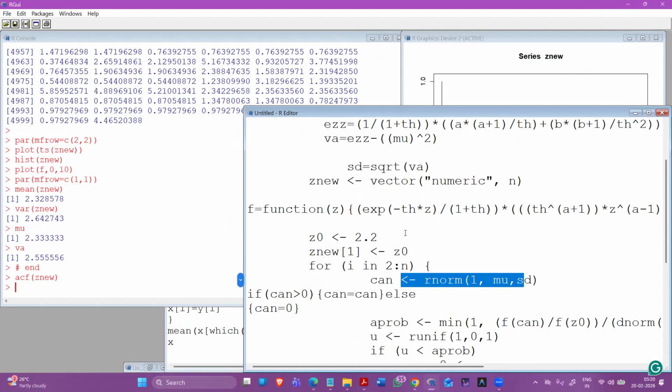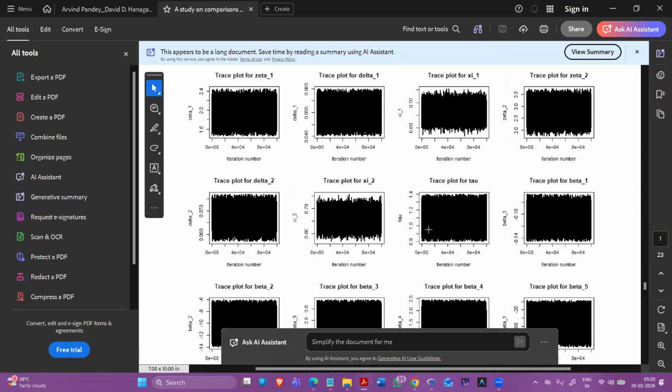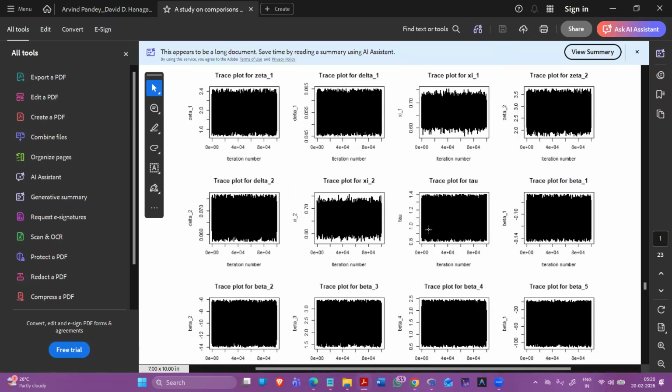But if your model is multimodal, meaning you have multiple unknown values, like theta 1, theta 2, theta p, with 10 or 12 parameters, like here I have 12 parameters in this model, then I need 12 initial values here. For each parameter, I need a single initial value.